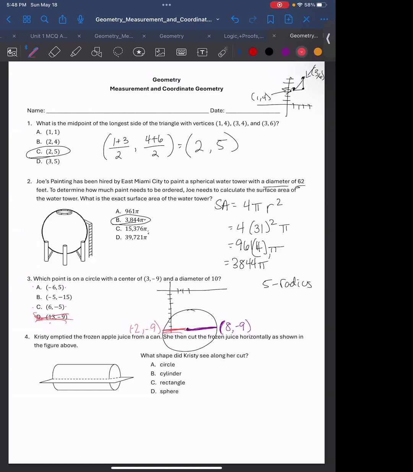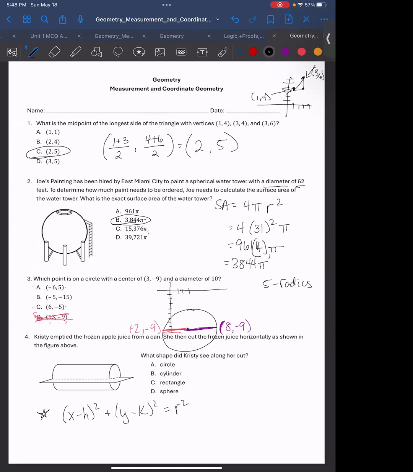Now I have to get a little bit fancy. I'm going to use the equation of a circle. The equation of a circle is not on your reference sheet. This is pure memorization. The equation of a circle is x minus h squared plus y minus k squared equals r squared.